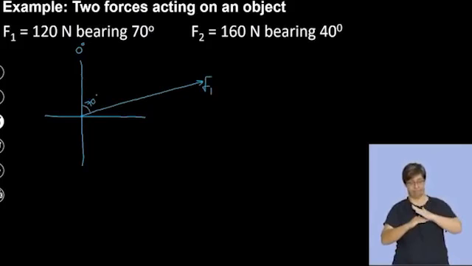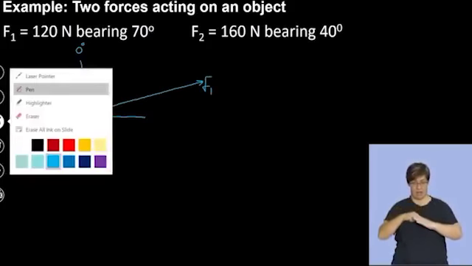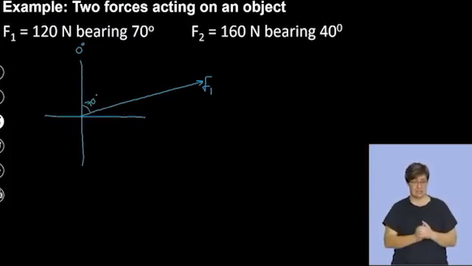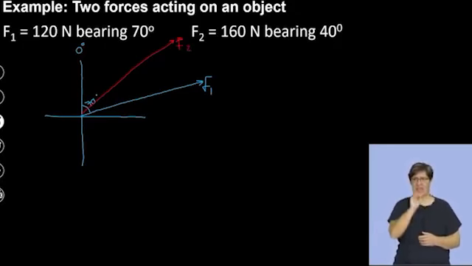The second one, and I'm going to use this just so you can see the difference, is 40 degrees. So it goes there, and that's 160. I should have drawn my diagram a little lower because that's not big enough, but it's all right. There's F2, and that angle is 40.